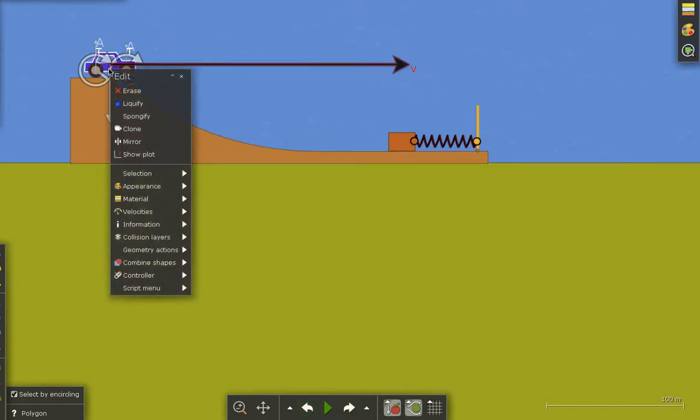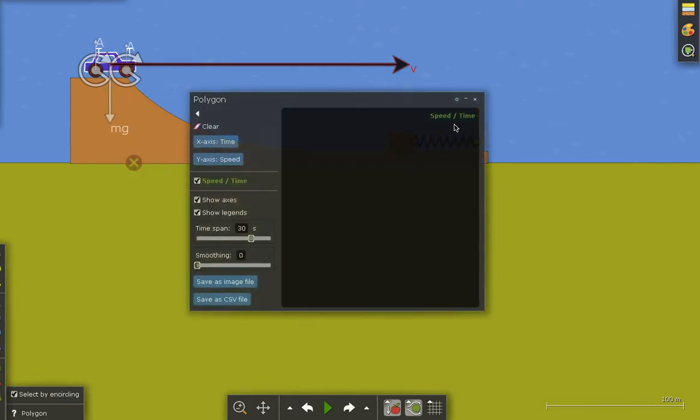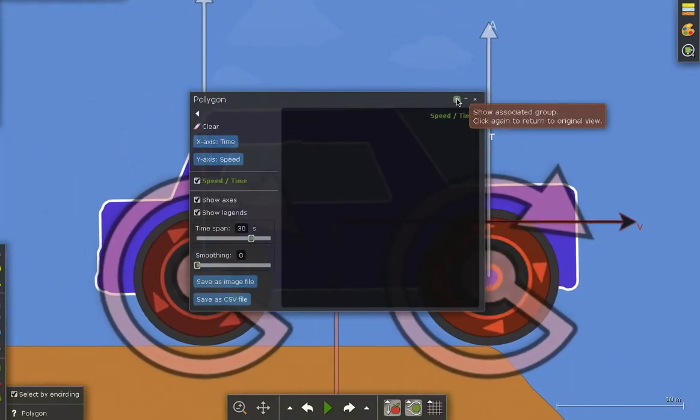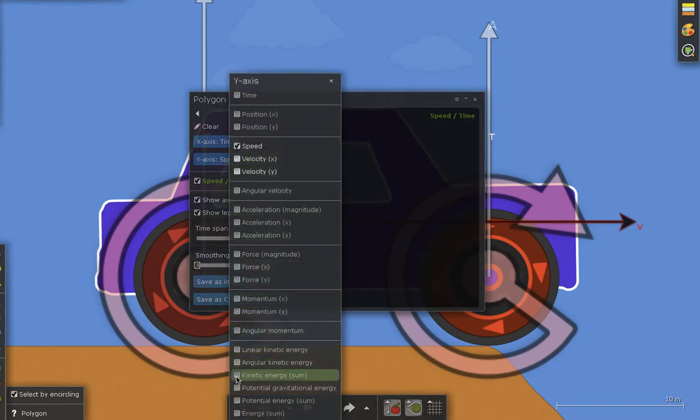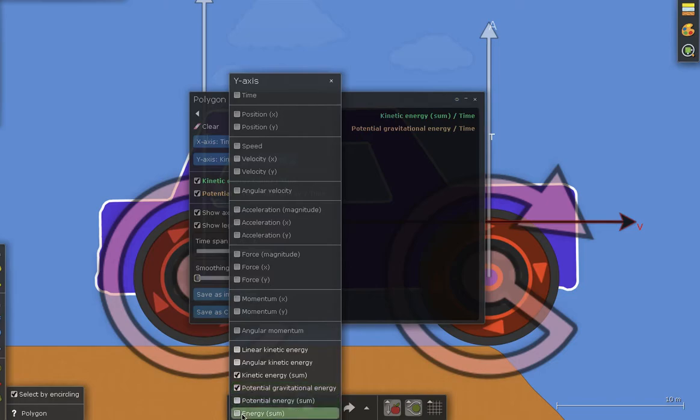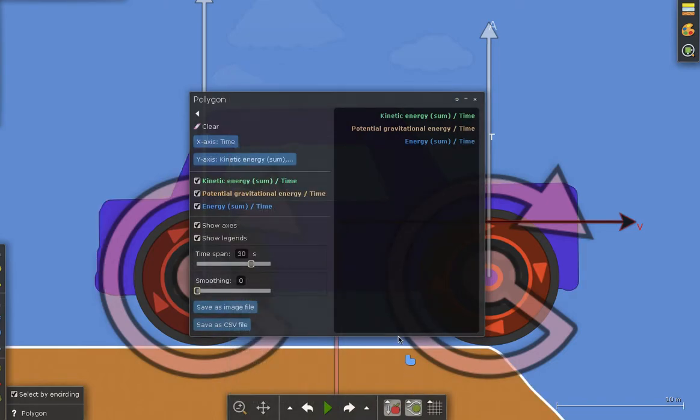So if I go to the car and click on Show Plots, I can zoom in just so we know that we're focused on the car. And instead of speed being in the y-axis, I can look at the total kinetic energy, gravitational potential energy, and then just the total energy of the system in the car, or just the total energy of the car.